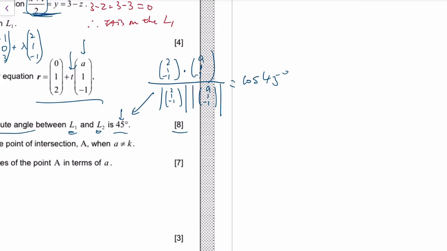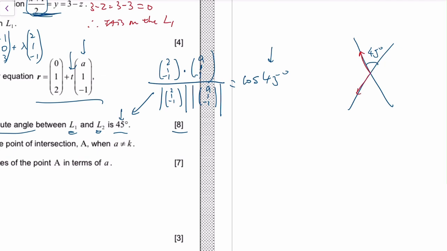Now the 45 is the obvious one, but if the two lines make an angle of 45, it is possible that the two direction vectors, which go along the line or parallel to the line, would make an angle of 45, but it's also possible that the direction vectors actually go this way.